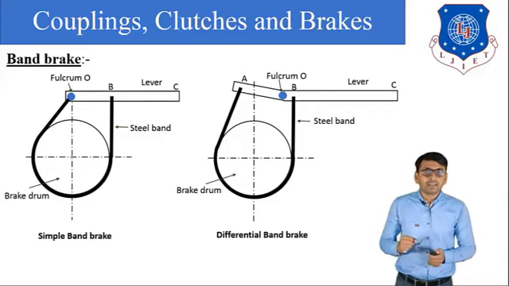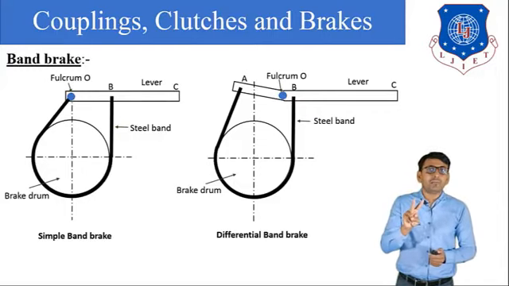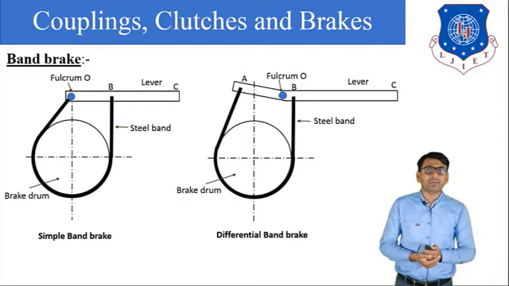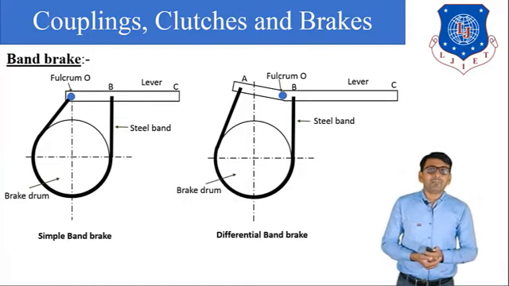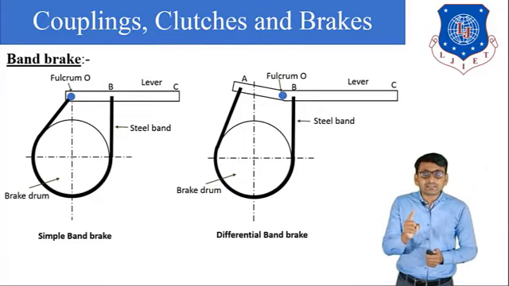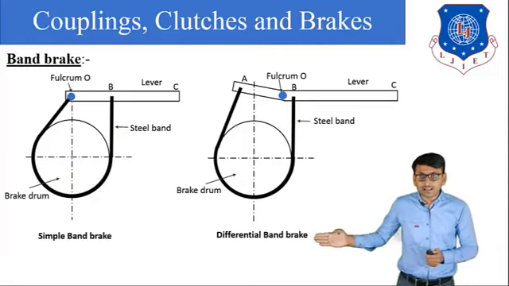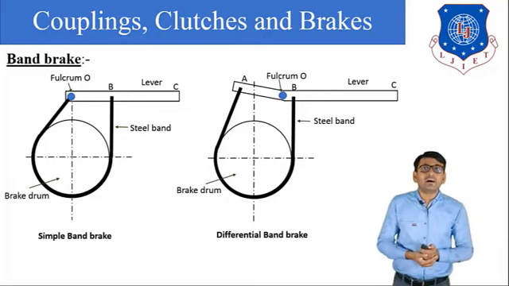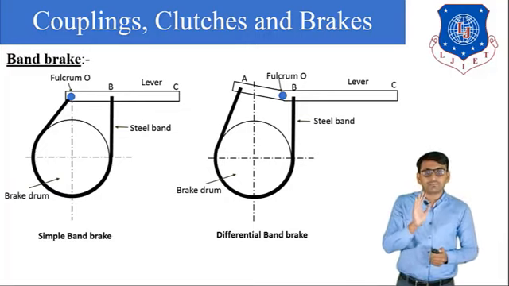So in this diagram we discuss two types of band brake, that is simple band brake and second one differential band brake. First we discuss simple band brake. In a simple band brake there is a steel band, brake drum, lever, etc. One end of the steel band is attached with the fulcrum in a simple band brake, and in a differential band brake both ends of the steel band are attached at points other than the fulcrum.